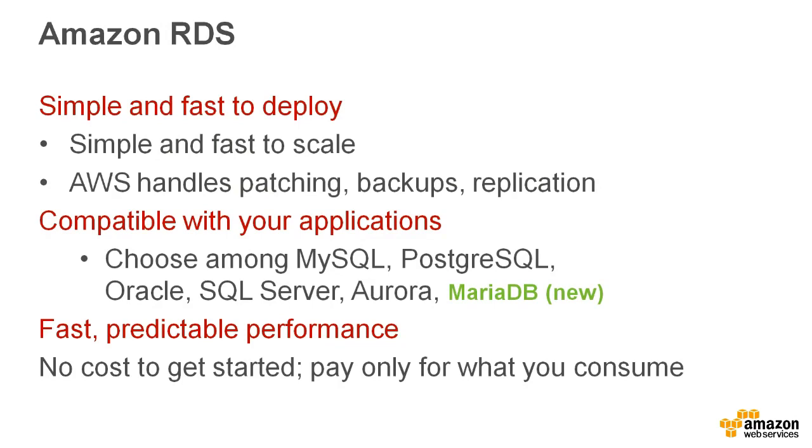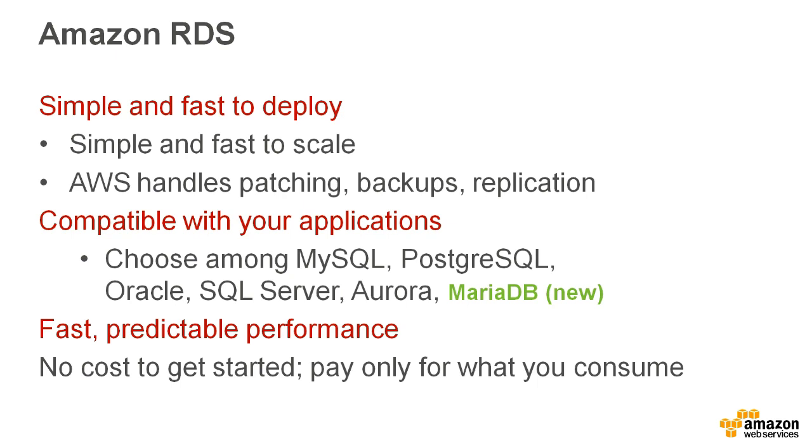So what is RDS? Basically, it is simple and fast to deploy. It is a relational database where you can create tables, databases, create a schema, run SQL queries, and run other backend scripts like PHP and other scripts that run SQL queries.